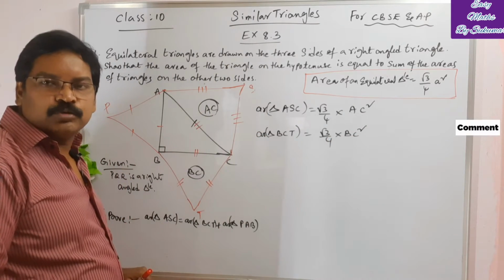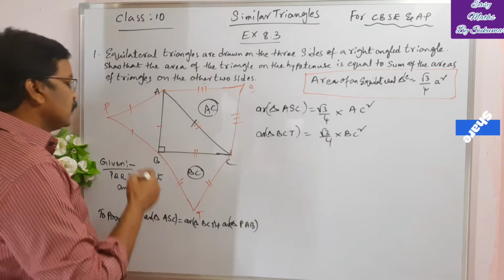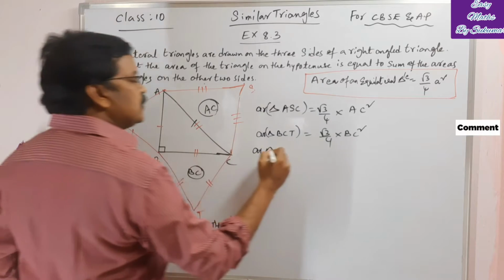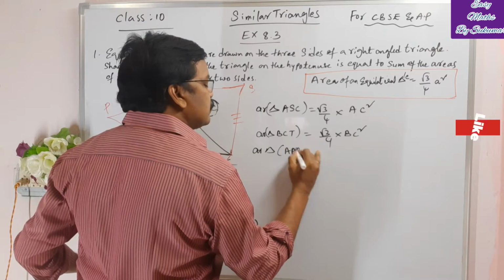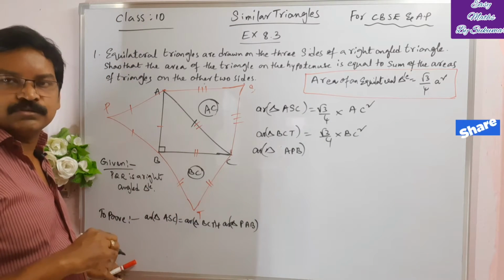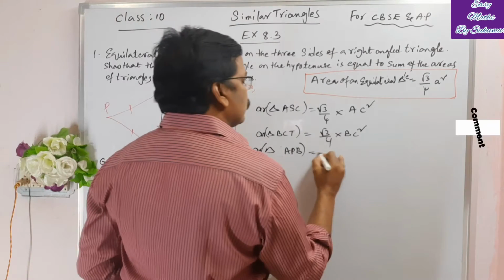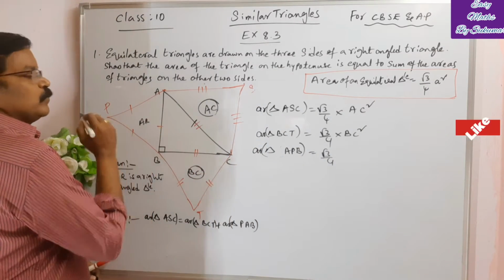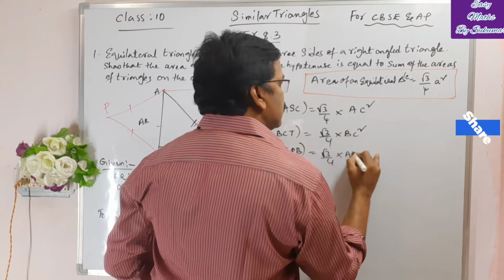Now what about the area of triangle APB? The area of triangle APB is root 3 by 4 into, here each side is equal to AB. So root 3 by 4 into AB square.